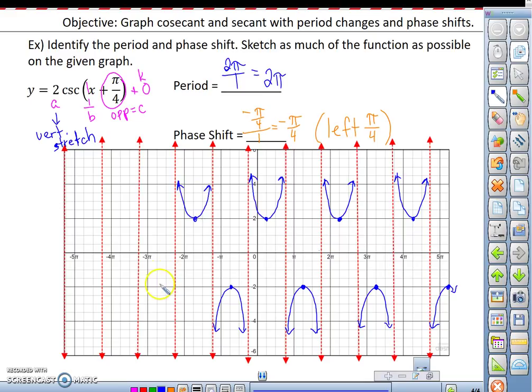Bounce back down, and so on. And then this piece we can graph the whole thing with the space that we've got. All right, and that would create a decent sketch of this cosecant curve or function.